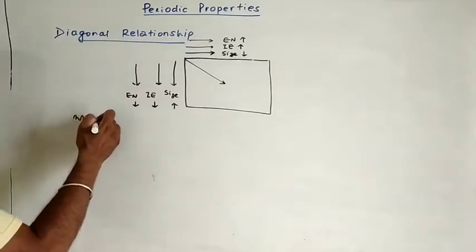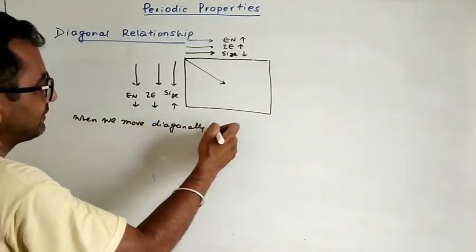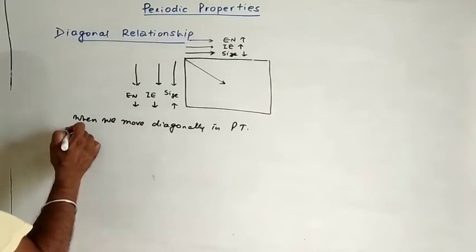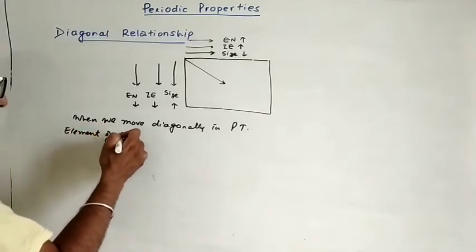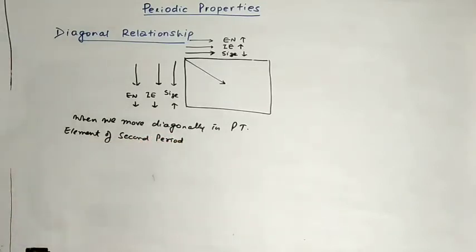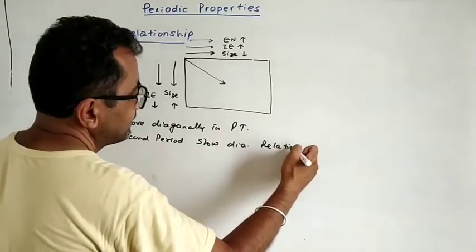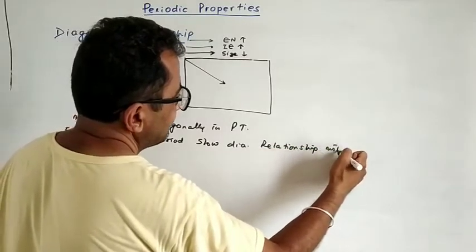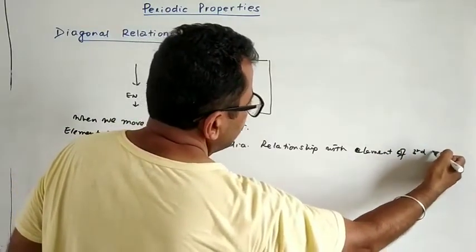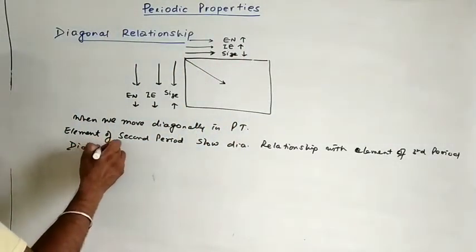So when we move diagonally in the periodic table, the elements of the second period show diagonal relationship with elements of the third period, diagonally placed.